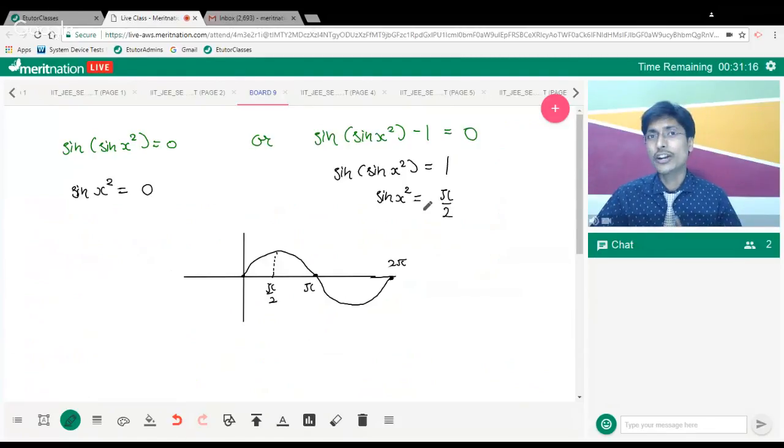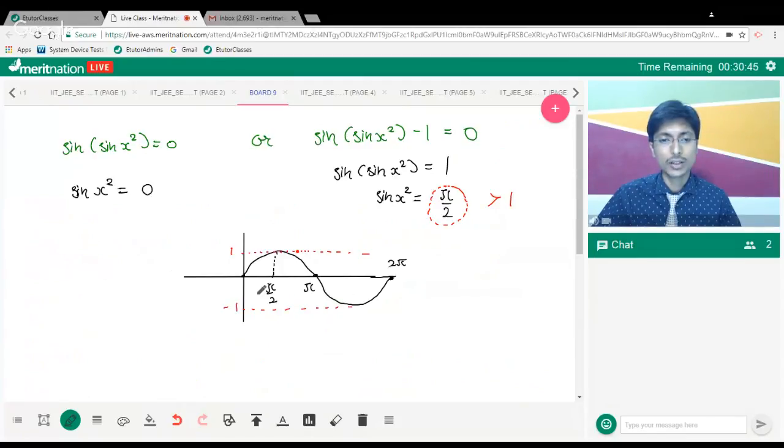Now, guys, this is a very important concept over here. As you know, this particular quantity, pi by 2, pi is like 3.14 and 2. So if you divide, this quantity will come greater than 1. But if you know that sine function never gives a value more than 1 and never less than minus 1, because its range is between minus 1 and 1.